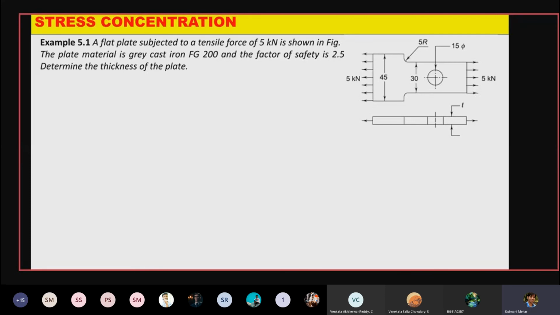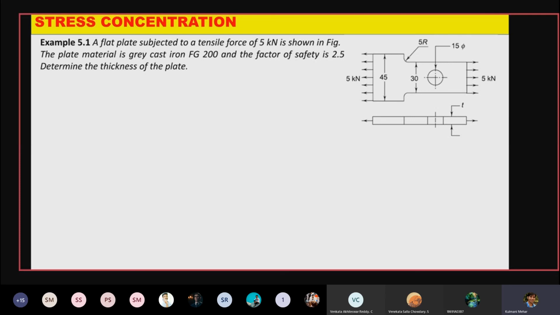FG200. What is the meaning of FG200? Anyone of you can give the answer. Because the question is given only up to here, to solve the problem we must know what FG200 is.